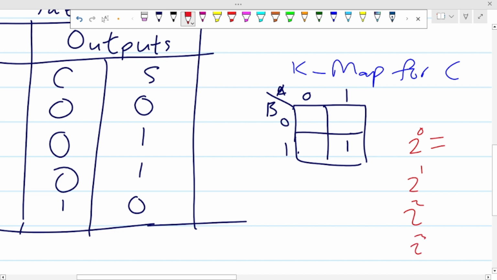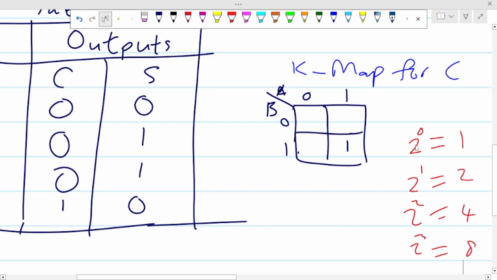So 2 raised to power 0 is 1, 2 raised to power 1 is 2, and 2 raised to power 2 is 4, and so on. This is what I mean when I say groups of 2. Where you see a 1 alone, or 1s in 2 places, or in 4 places, or in 8 places, you group them.